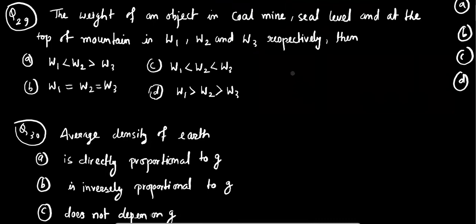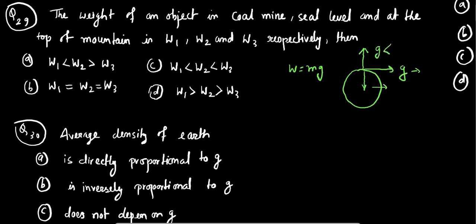So as we know that weight is the product of m and g, that means mass with acceleration due to gravity, and also we know that the maximum value of acceleration due to gravity is on the surface of earth. As we move upward, or as we move downwards from the surface, then acceleration due to gravity will reduce.